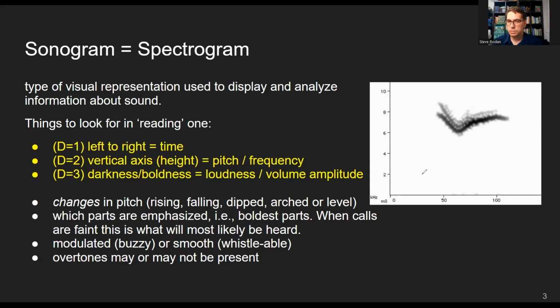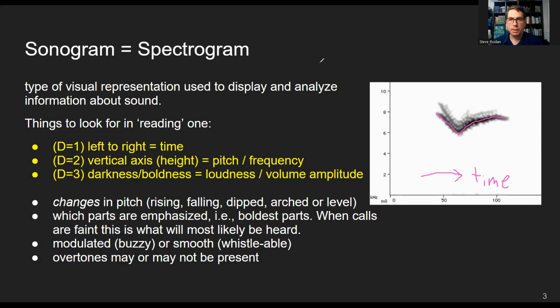So if time goes from left to right, then what we see here in the beginning is the pitch starts out relatively high and drops till here. And then as time goes on, the pitch rises again and kind of levels out at the end. Right? About 50 milliseconds in length.